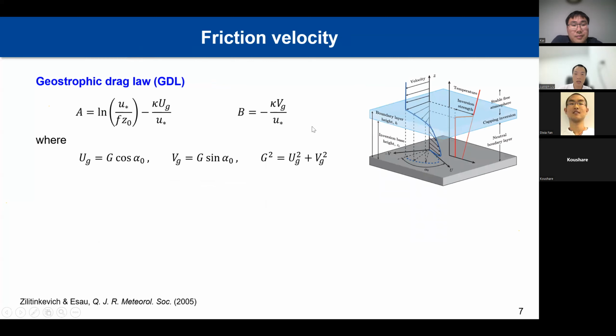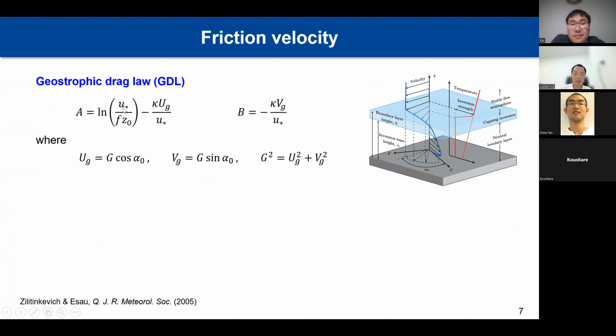So another question is how to determine the friction velocity. In micrometeorology, it is usually related to the geostrophic wind. The geostrophic wind is the wind above the boundary layer, like here.